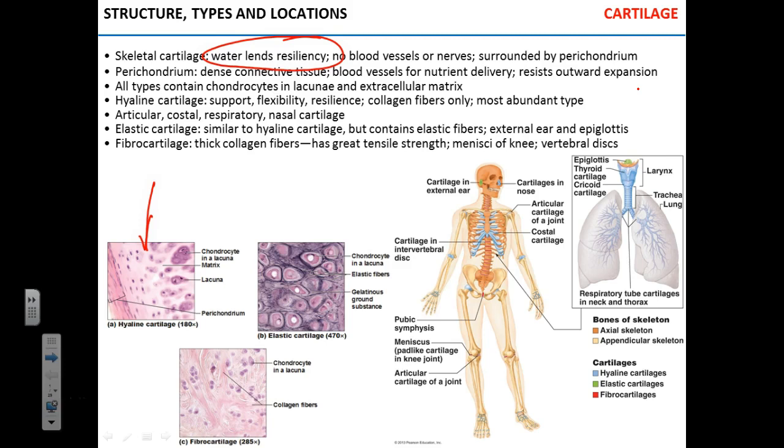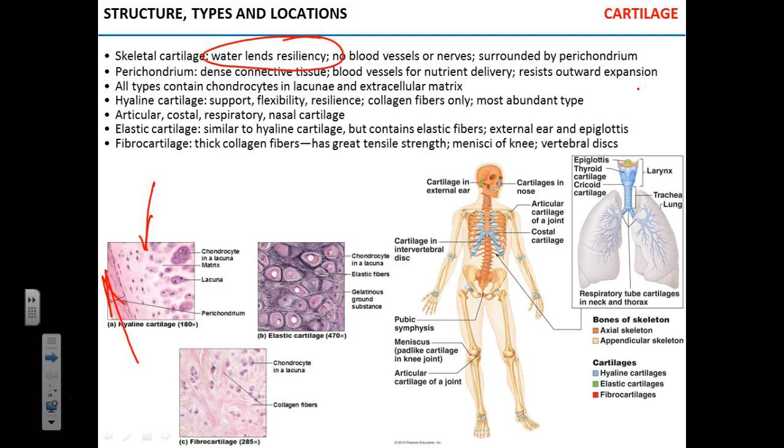This substance contains water, and that is what provides cartilage that mechanical resilience. Okay, it's not vascularized. Only the perichondrium, the layer on the outer surfaces of the cartilage, has blood vessels.